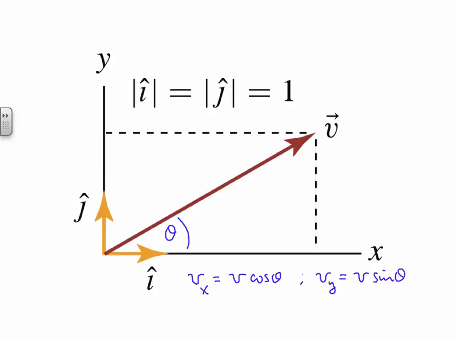We now define a unit vector i as a pointer directed along the positive x-axis. Unit vector j is a pointer directed along the positive y-axis. These unit vectors have magnitude 1, or unity, and no physical dimensions.